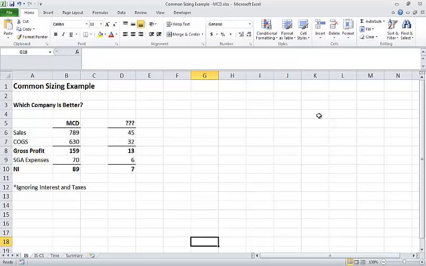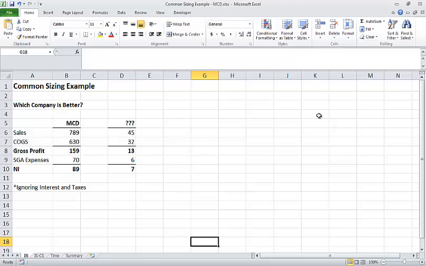Okay, so if we look at the financial statements here, McDonald's has sales of 789,000, net income, or million maybe, net income of 89 million. And our other little company, it's only got sales of 45 million and net income of 7 million. So, just at a glance, it looks like McDonald's is better.